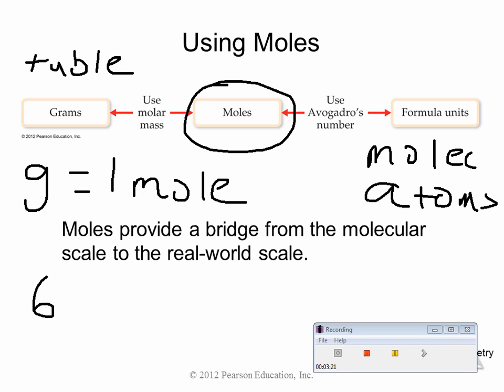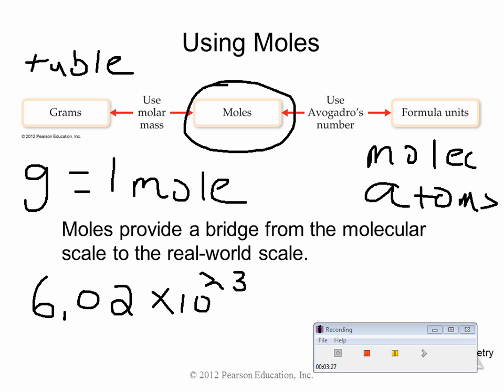Avogadro's number is 6.02 times 10 to the 23rd. Oftentimes you've heard the expression maybe that Avogadro's number is like a dozen. If you had a dozen cats, a dozen dogs, a dozen aardvarks or a dozen spoons, you would have 12 of whatever it is.